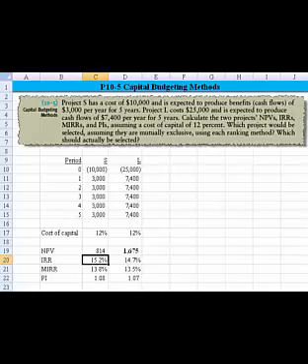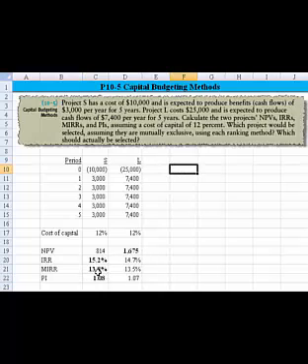What we see is the IRR of project S is our highest choice. With the MIRR, the highest project is project S. And with the profitability index, again, project S is the winner.